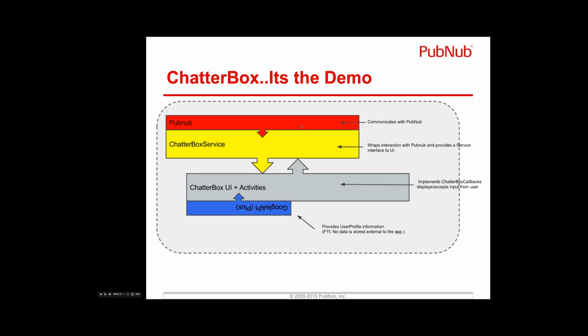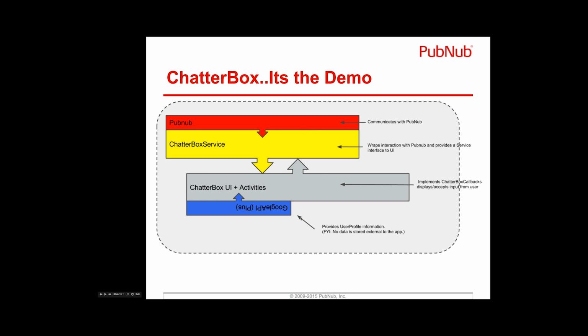The service does all the interactions with PubNub, and then the UI plugs into the service. The service notifies the UI of messages that have arrived. And below the UI, I've also integrated Google Plus, so you can use that to pull in user profile information.